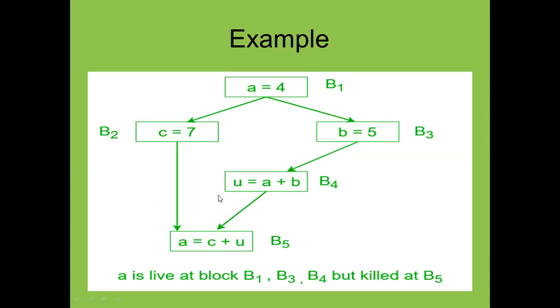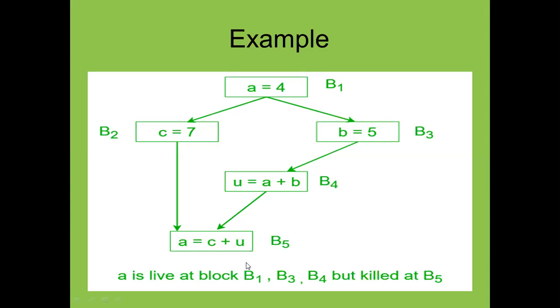So A is live only where you initially define it, and it is live here. Now you have to assign a new variable here. No need to write A like this. Here you are assigning U, so you must assign a new variable so that you can calculate the exact value.